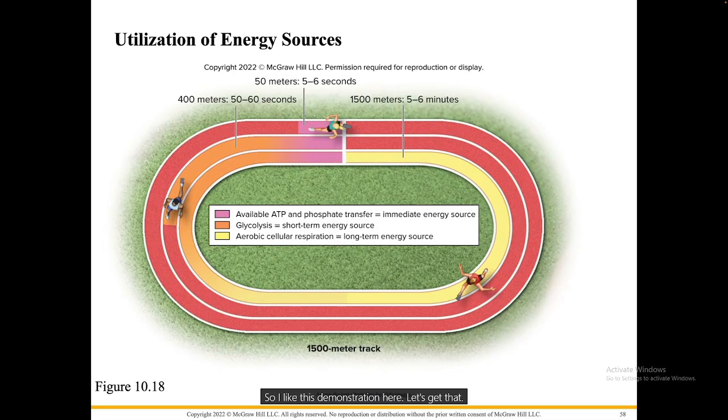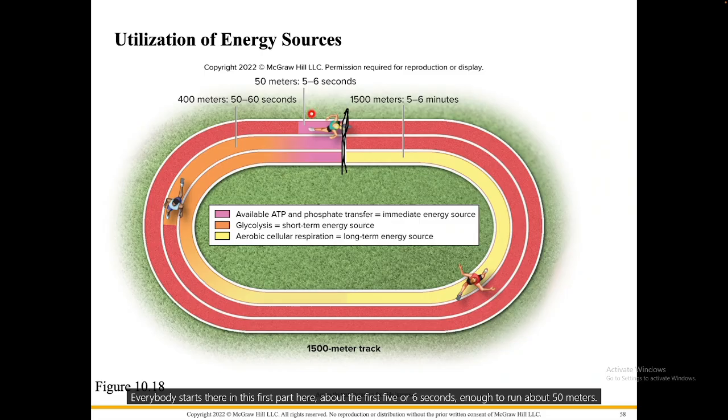So I like this demonstration here. Here's where everybody started. This first part, about the first 5 or 6 seconds, is enough to run about 50 meters, or if you're a football player, halfway down a football field.